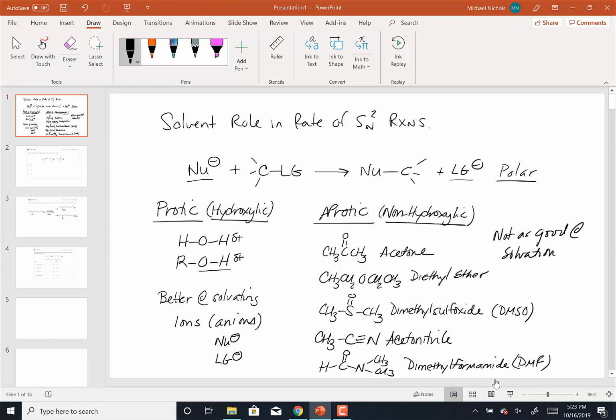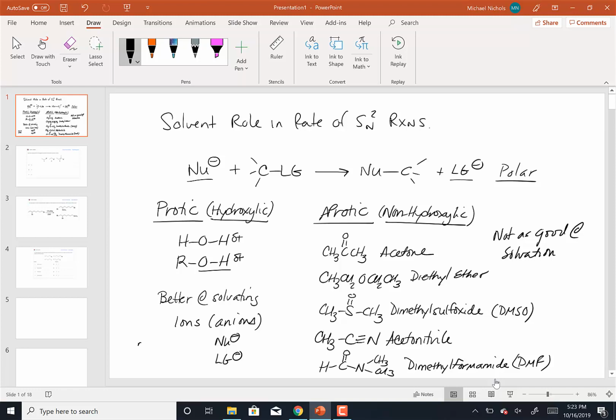And let me state this another way. When I say they're better at solvating, that means that they interact with the anion more strongly. So I would say that they are stronger.